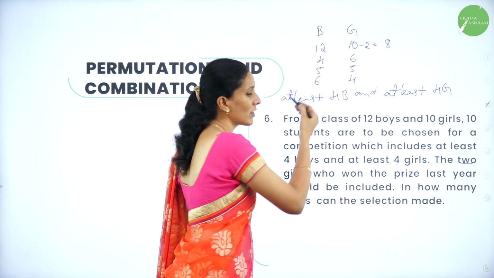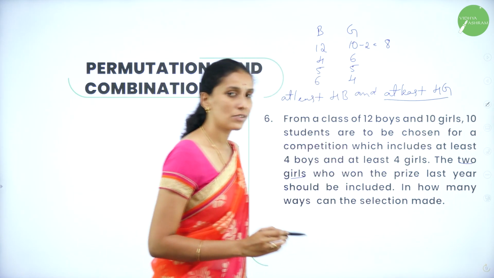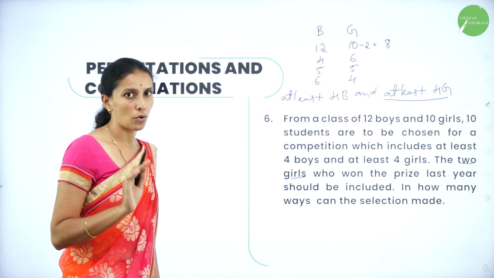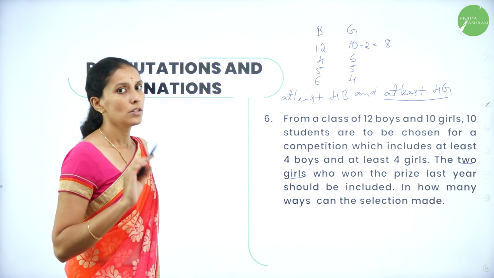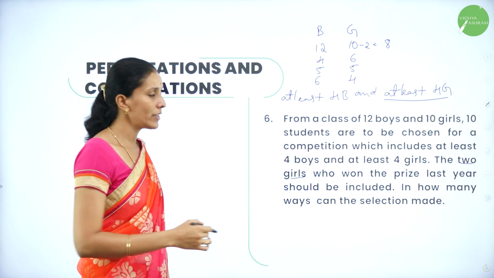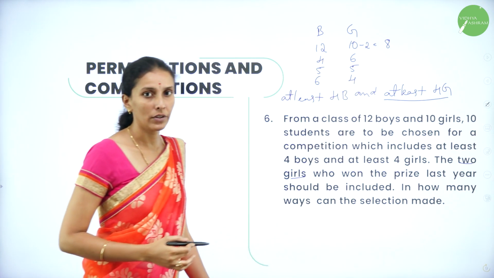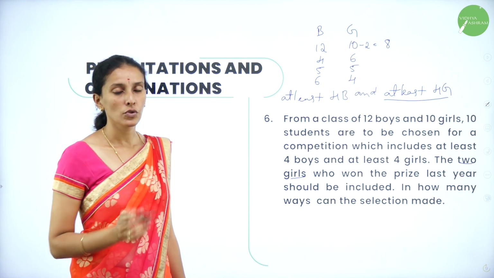I cannot go for 7. Why? Because we have at least 4 girls. At least 4 girls means a minimum of 4 girls, not less than that. So the last one is this. We can choose 4 girls and 6 boys. So we have started with the minimum of boys and we end with the minimum of girls. Okay. So this is where we can choose boys and girls.